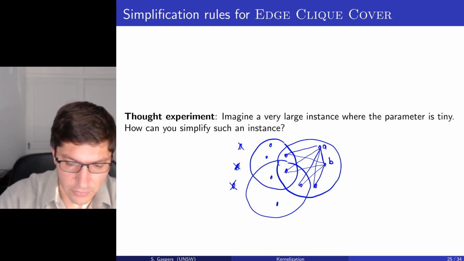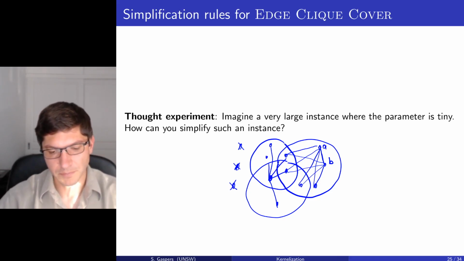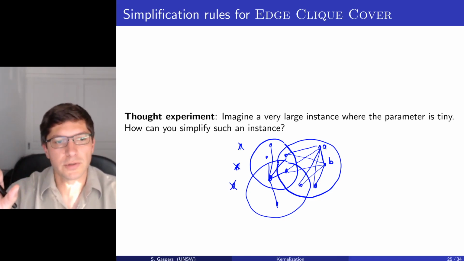That's the case also for vertices that are in multiple cliques, like this one. So if we have two vertices that occur in exactly the same cliques, then we know that they have the same neighborhood.